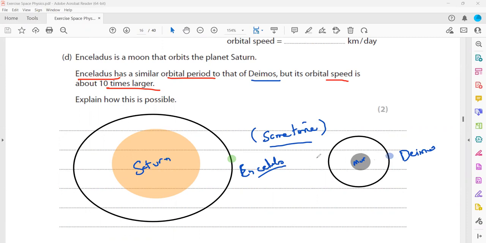So can you identify which moon will move faster, the moon of Saturn or the moon of Mars? Which one will move faster as they're taking the same time? Both of these moons are taking 1.26 days to complete one cycle.